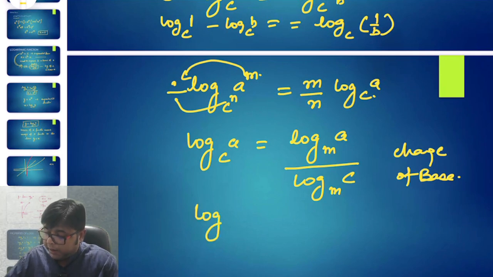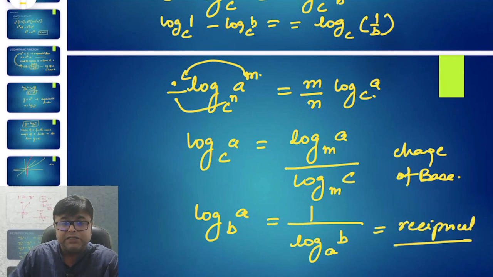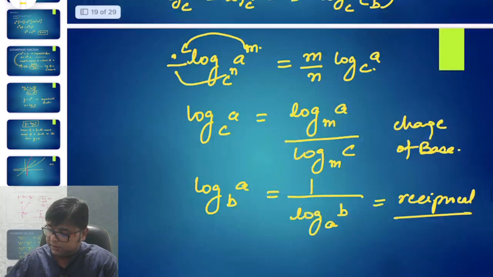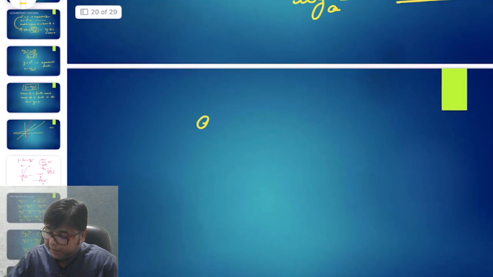Now, log a to the base b: always remember, if I reciprocate a log, then the number and the base interchange. Then we have a property: a to the power log b in base a.